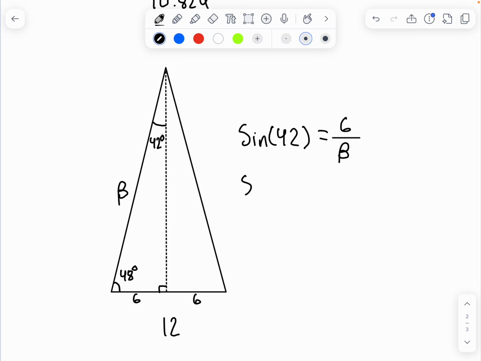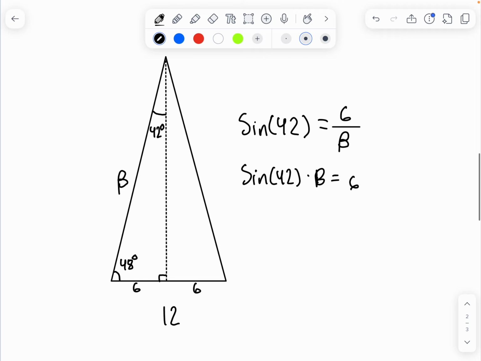So sine 42 times beta equals 6, and then beta equals 6 over sine 42.